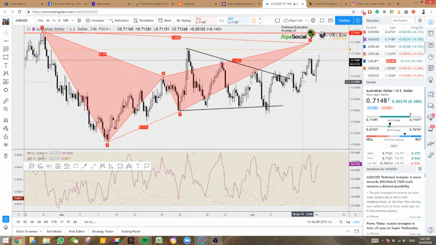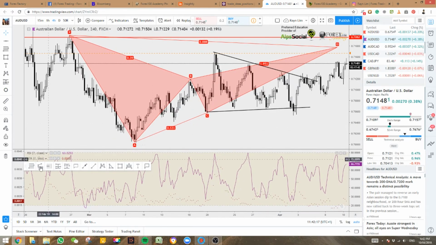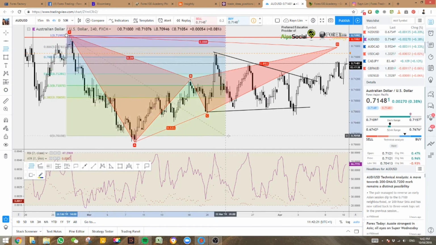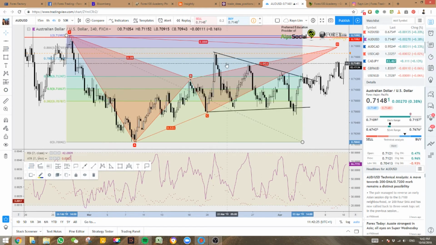However, having the knowledge of a harmonic bat pattern, or rather the pattern has changed here. Let us see if this is still valid or what pattern it is. X to A, because a new high is created, a new low is created.